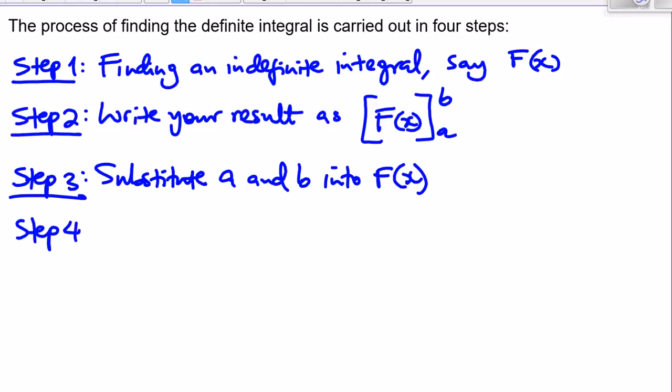And the final step will be you subtract the value that you obtained from the lower limit from the value that you obtained from the upper limit. So basically, you'll end up with something like F of b minus F of a.